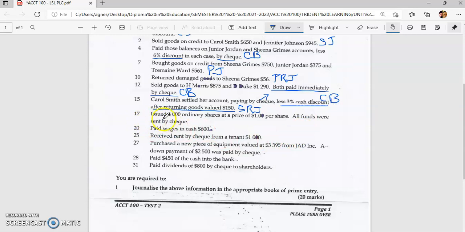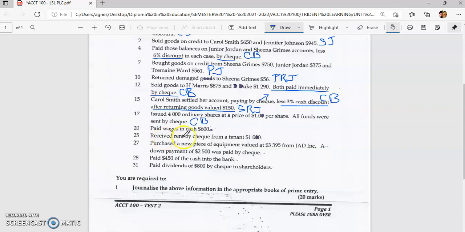On the 17th, it said issue 4,000 ordinary shares at a price of $1 per share. And it says all funds were sent by check. So since all funds were sent by check, then this will be recorded in the cash book because you're recording the money that the business would have received from issuing these ordinary shares.